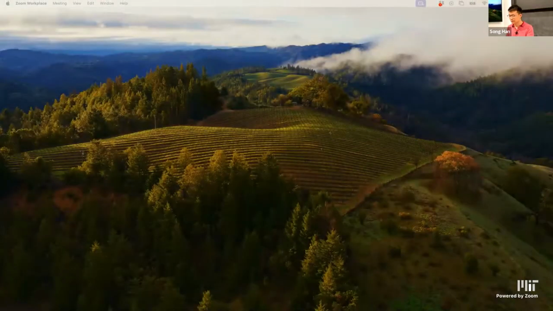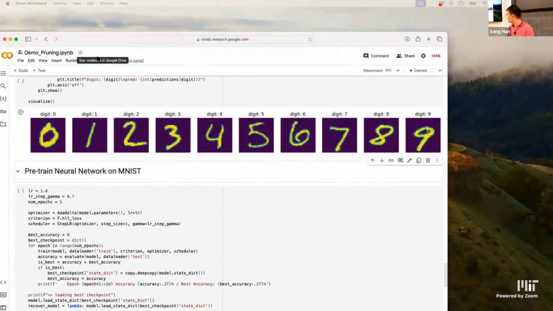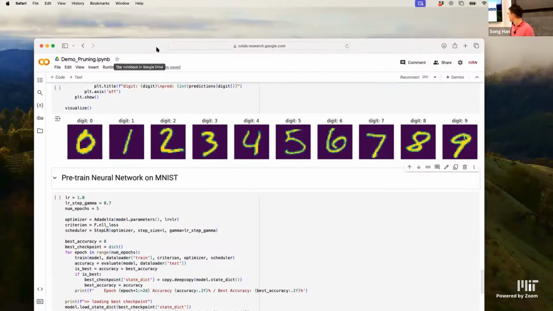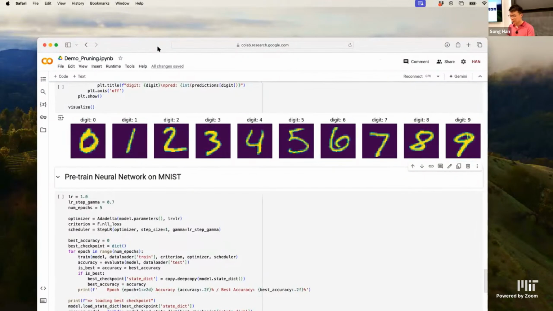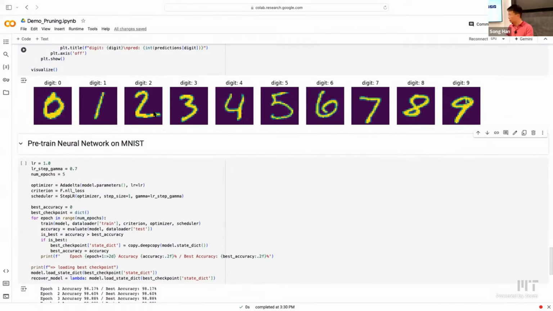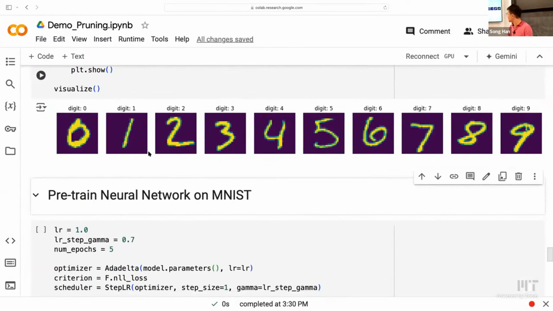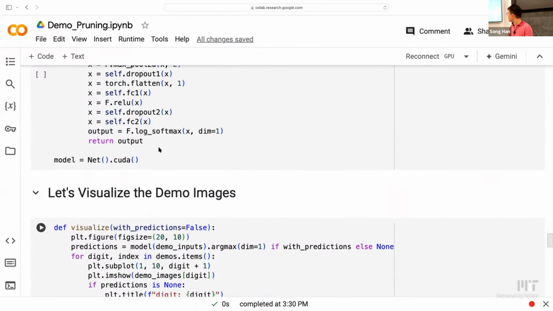All right, this is the notebook I prepared. Let's maximize the notebook and make the font size a bit larger so that we can see it.